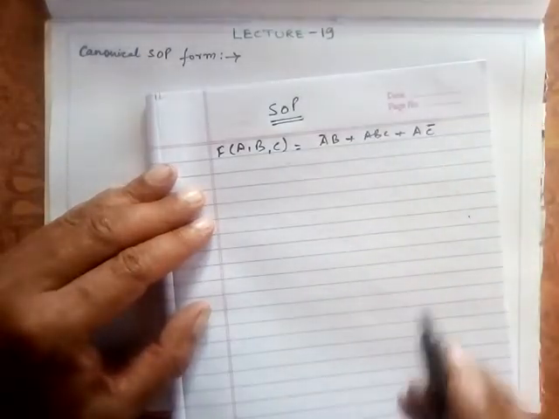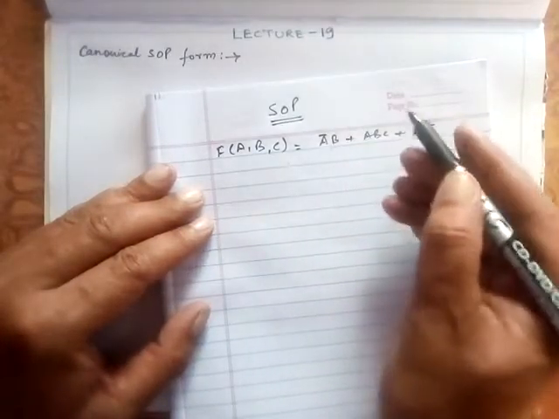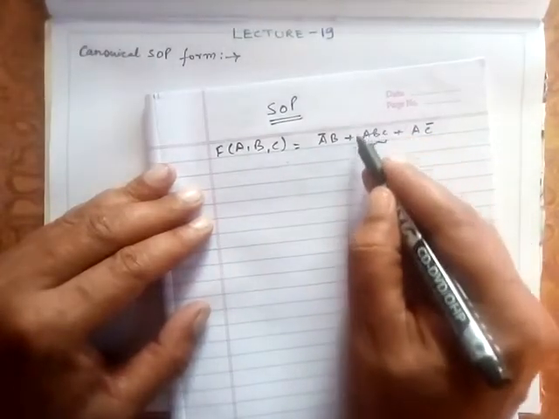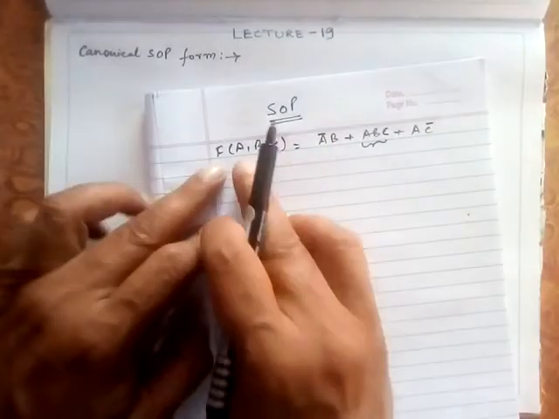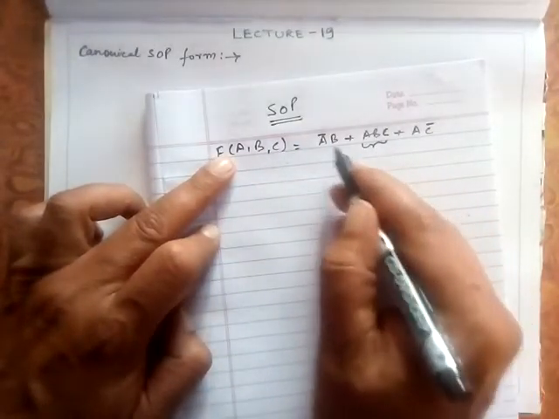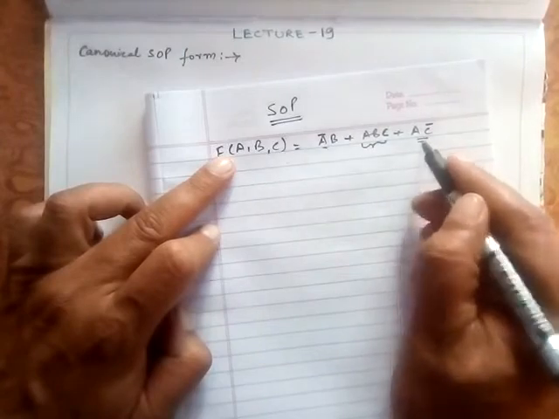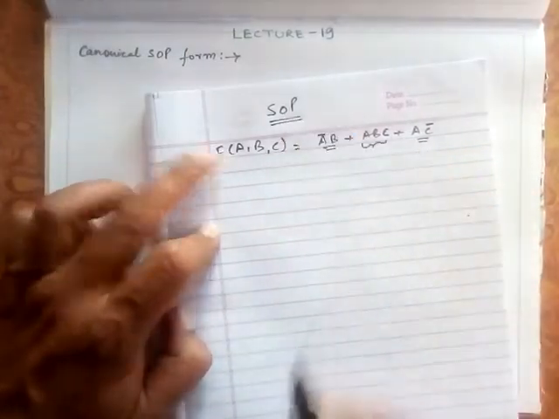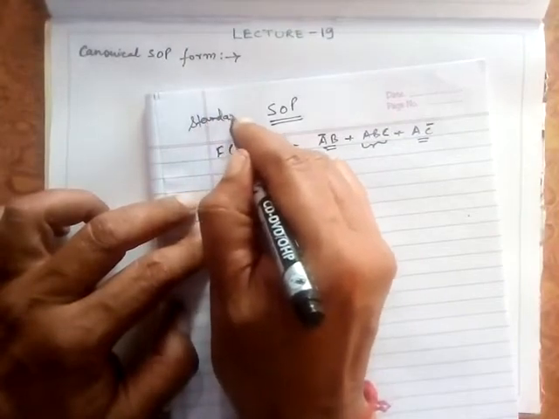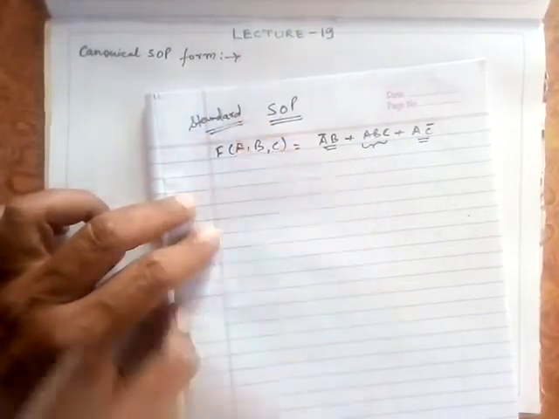In this SOP form, this is a minterm because it contains all the variables a, b as well as c. But this is not a minterm and this is not a minterm. So it is simply called a SOP form or a standard SOP form.